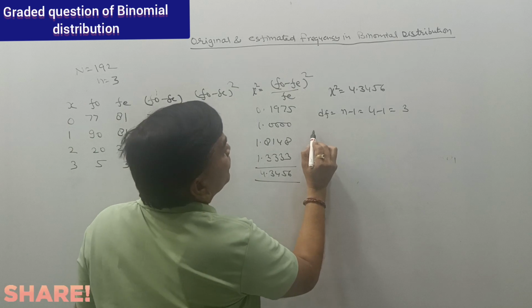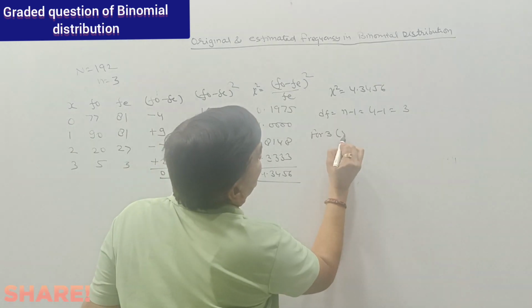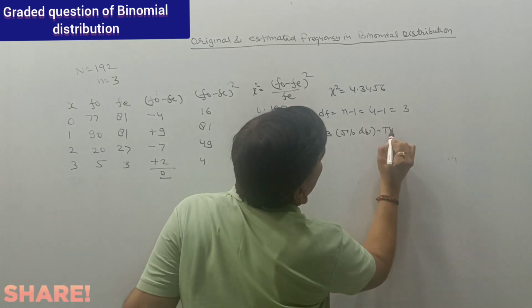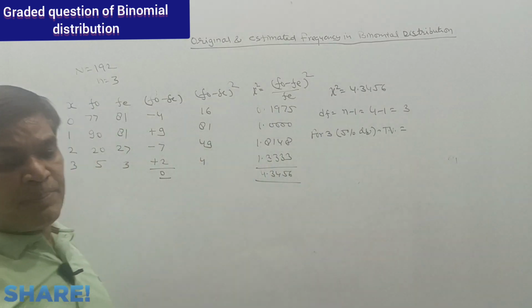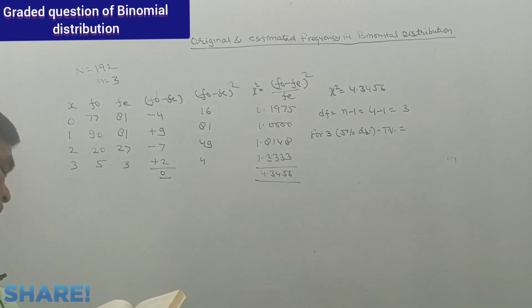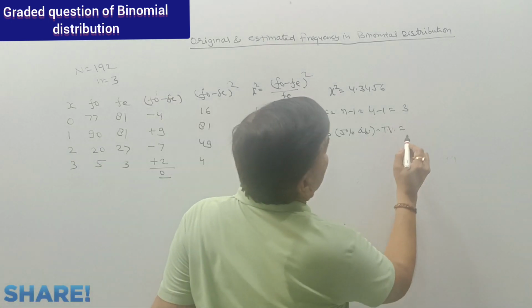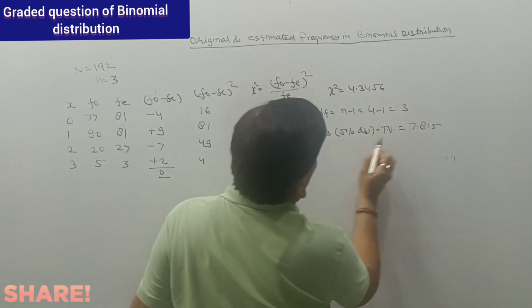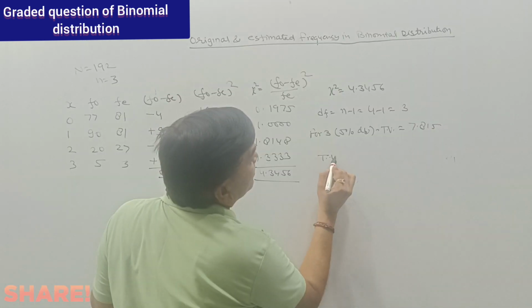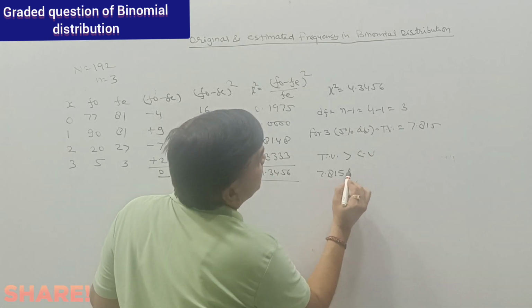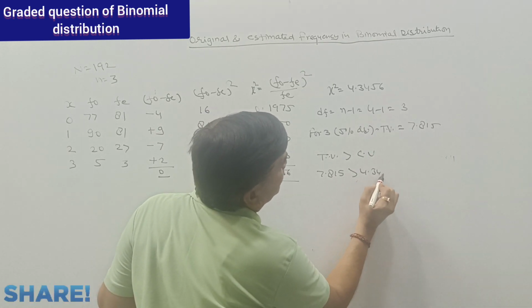Now at the 5% significance level, we look up the table value. The table value is 7.815. Here the table value is greater than the calculated value: 7.815 is greater than 4.3456.